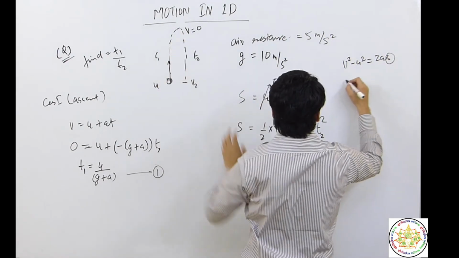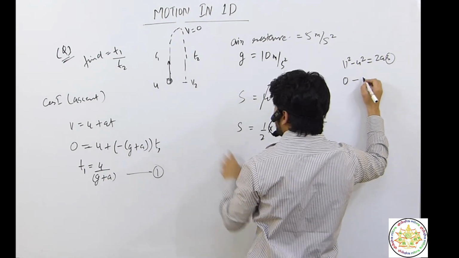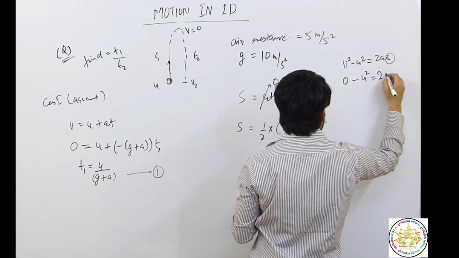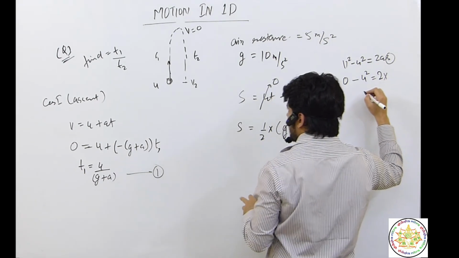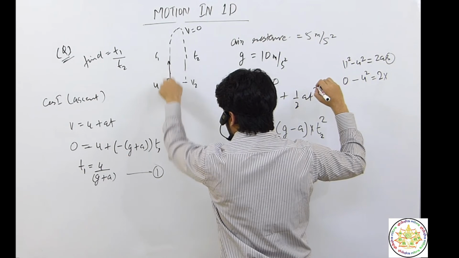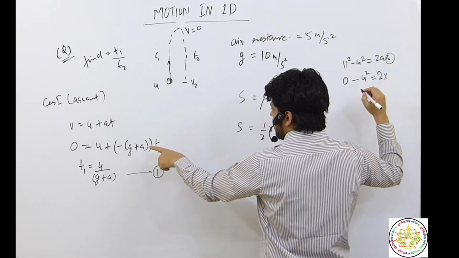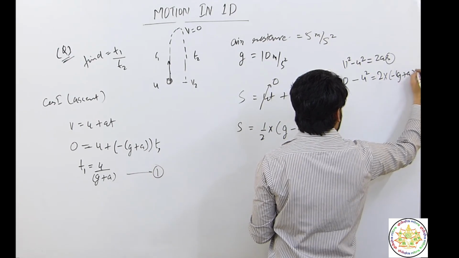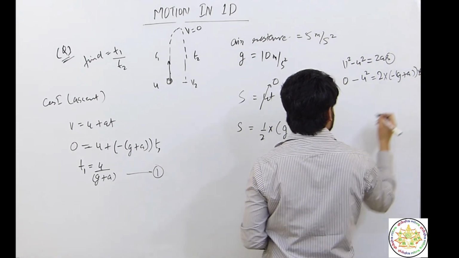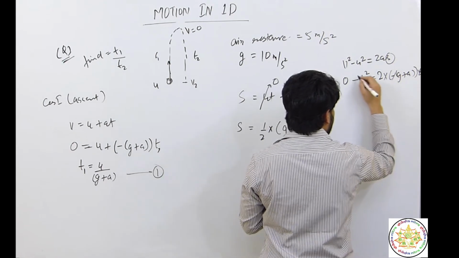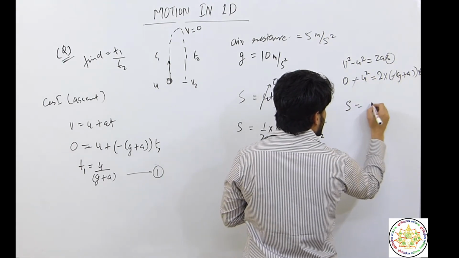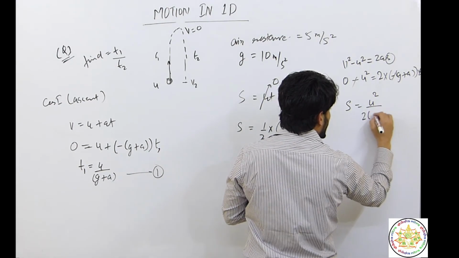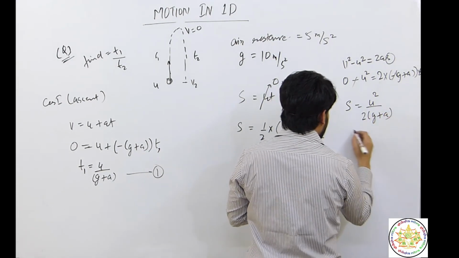So what is the final velocity? 0 minus u square is equals to 2 multiply by acceleration, which in case 1 was minus of g plus a, into s. So minus got cancelled, so s comes out to be u square by 2 into g plus a.